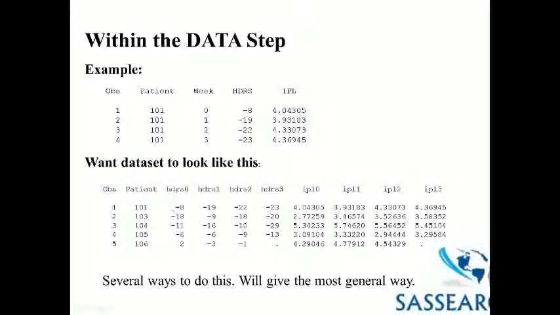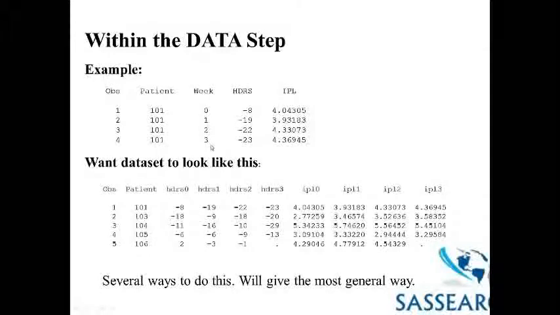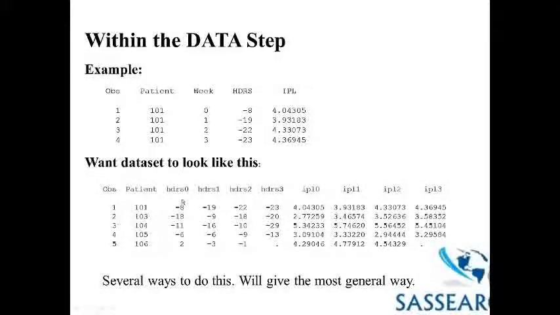So we've taken the 4 weeks of information and turned it so that we have variables HDRS0 representing week 0, HDRS1 representing week 1, HDRS2 representing the Hamilton Depression Score in week 2, HDRS3 representing the Hamilton Depression Score in week 3. And we did the same with the imipramine levels.